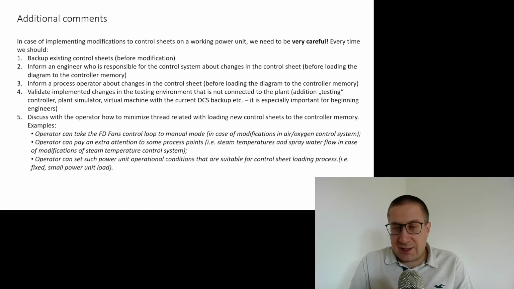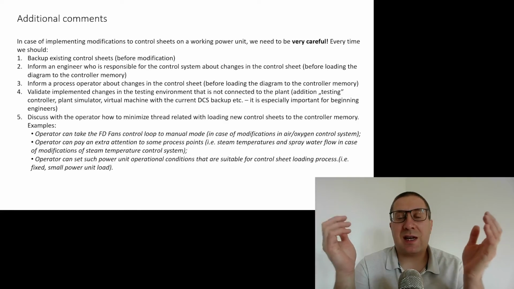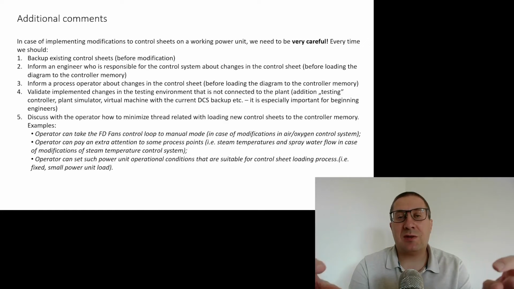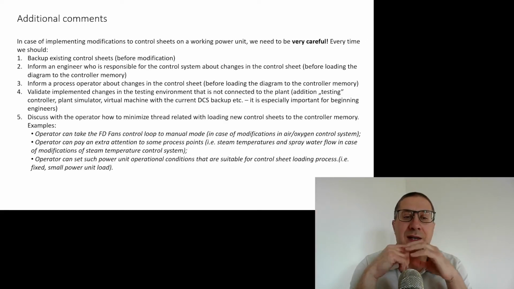And like I said, the operator is responsible for the process, so we should discuss with the operator how to minimize the threat related to loading new algorithms into the controller memory. For example, if we are in the plant and we would like to modify the control system that we have discussed, the one responsible for keeping the proper amount of oxygen, the operator can take the forced draft fans to manual mode, right?